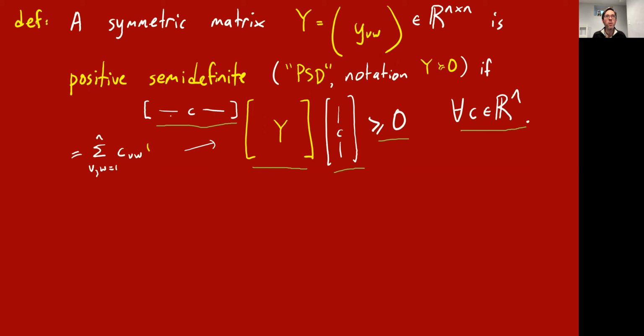And if you multiply this out in coordinates, C transpose Y C is exactly the sum over V, W going from 1 to n of CV times CW times this matrix entry YVW. Sorry, there was a typo on the slide.